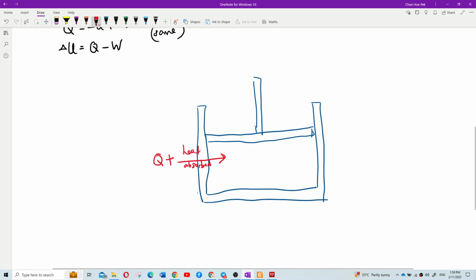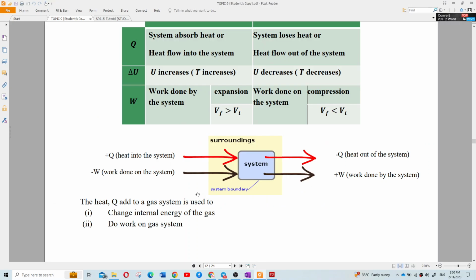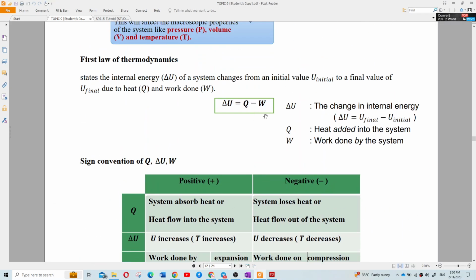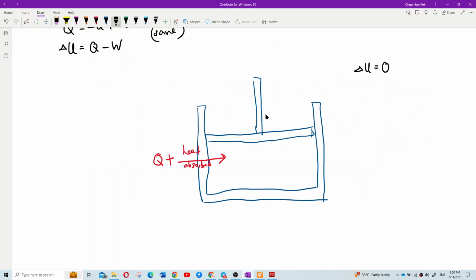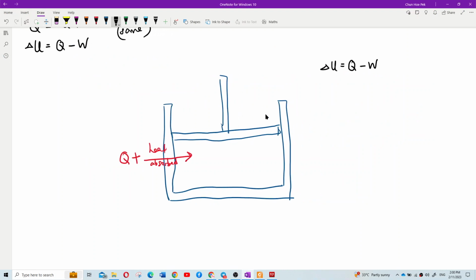Okay, look at the formula, class. Delta U equal to, what is the formula again? Q minus W, right? Q minus W. So if Q is positive, that means what?